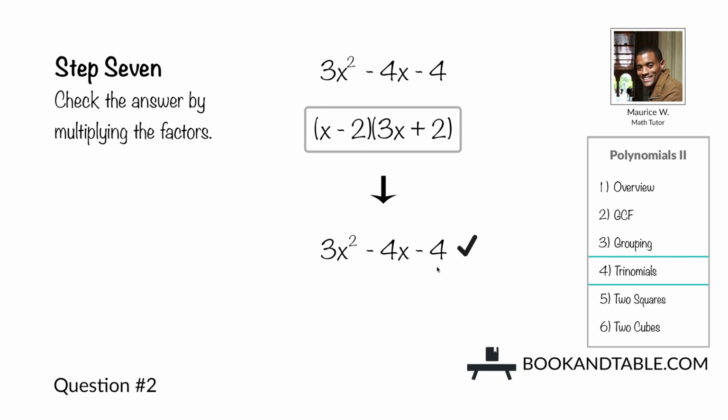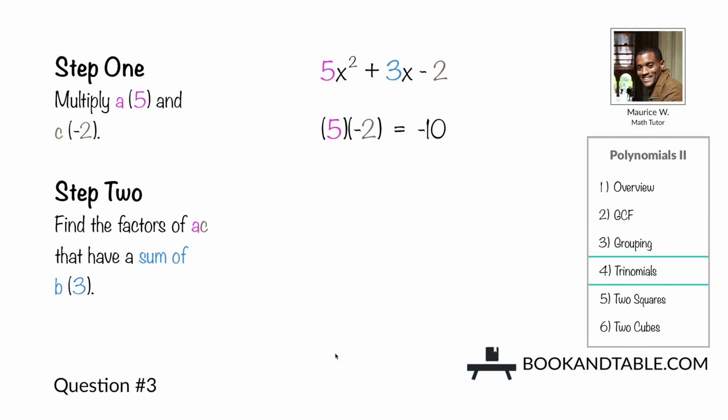And since our final polynomial matches the original polynomial, that confirms that x minus 2 and 3x plus 2 are the factors of 3x squared minus 4x minus 4. So that is the answer to question number 2.